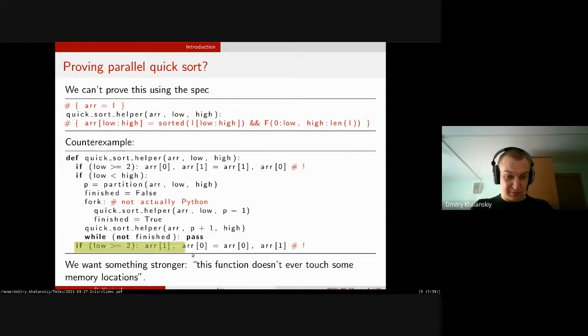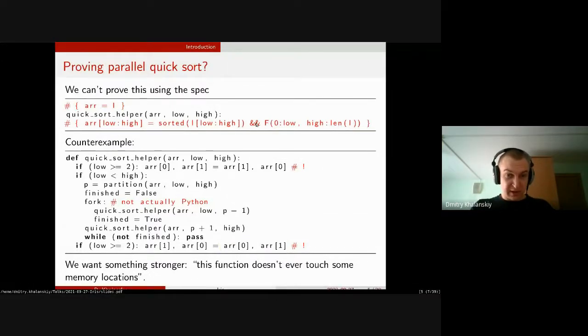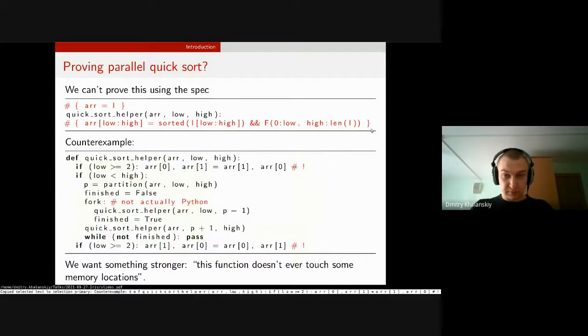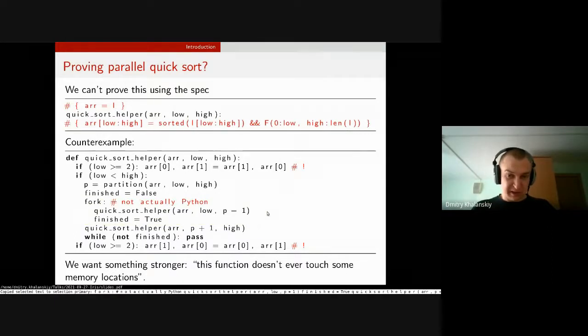And then to make the specification work, it swaps them back. So we would think that this function satisfies this specification, but if so, then its concurrent version that forks the recursive call is certainly not valid due to some race conditions that could have happened during these swaps.